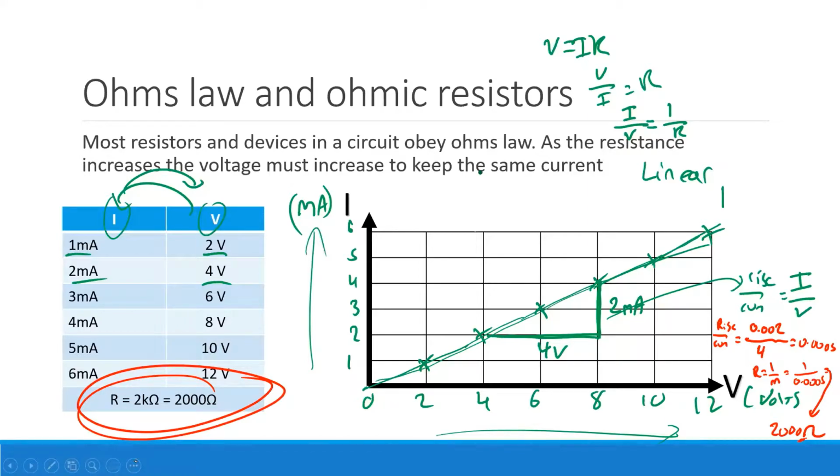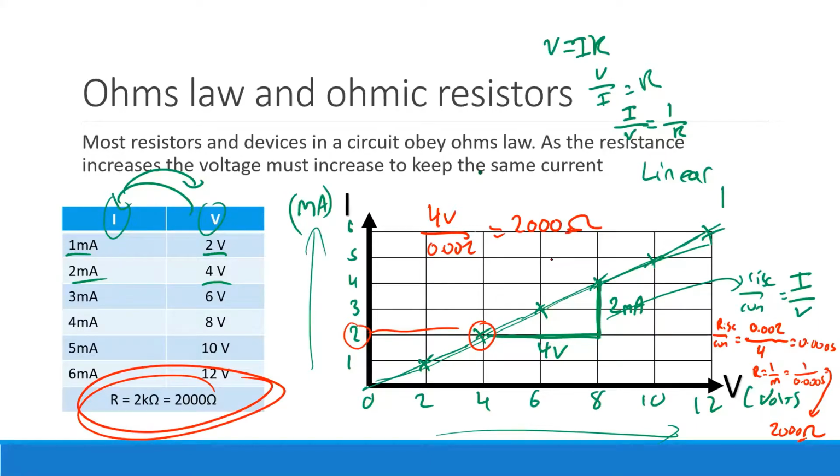Now, you could also just do this for any individual point. You could take this point here and say, well, it's 4 volts divided by its current, which is 0.002, and that will also equal 2,000 ohms.